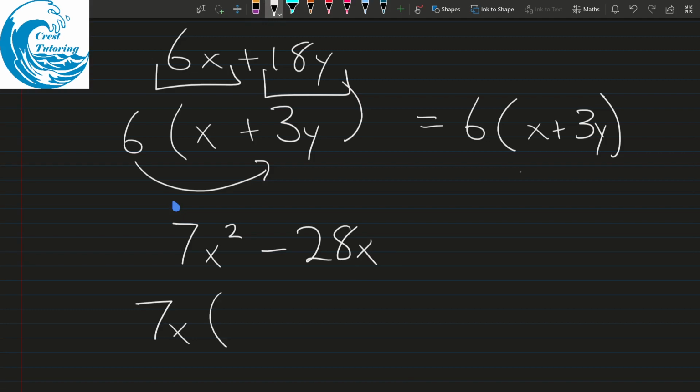Well, 7x multiplied by what will give me 7x squared? So I need to have another x here. Whereas this one only has x, so 7x multiplied by what gives us minus 28x? So it's just going to be minus 4. So then that's our answer for that one.